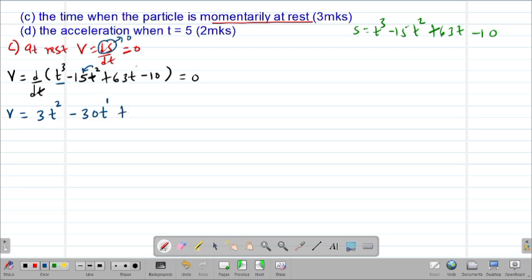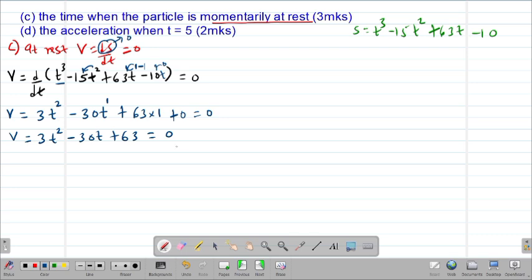Then plus 63, since t is power 1, 1 times 63, I'll get 63. Then t power 0, a number to the power of 0 is 1. When you differentiate, the whole of the last term will disintegrate to 0. So V is equal to 3t squared, then minus 30t, then of course plus 63, which is equal to 0.